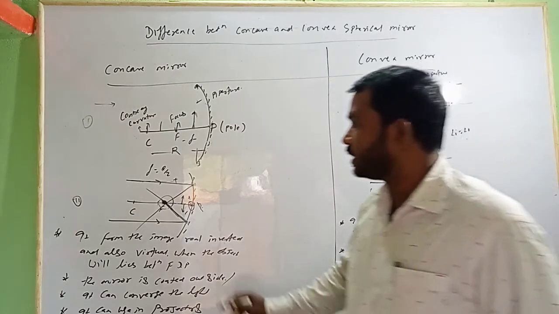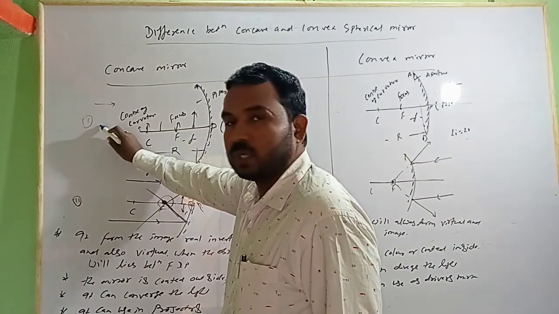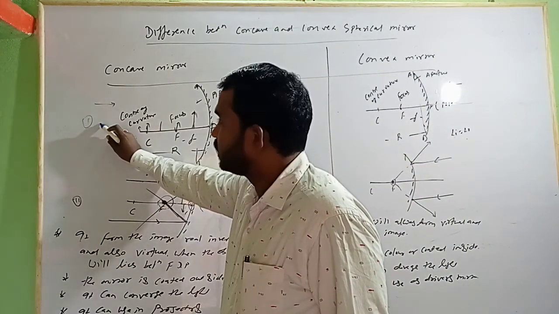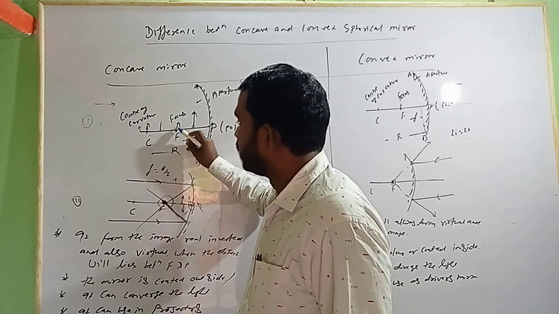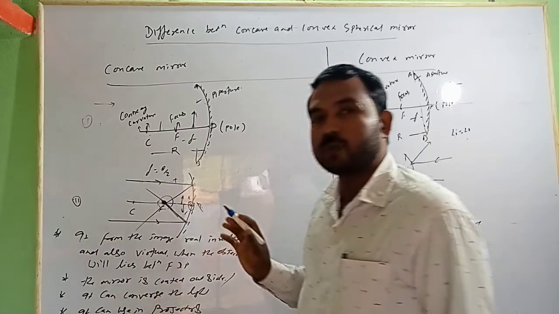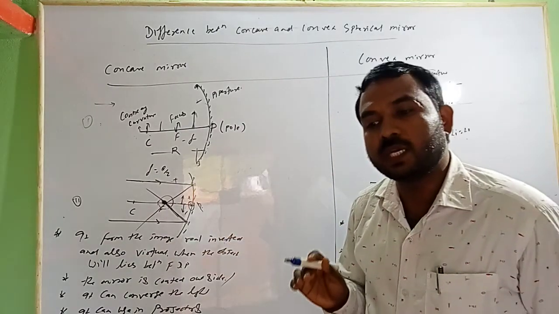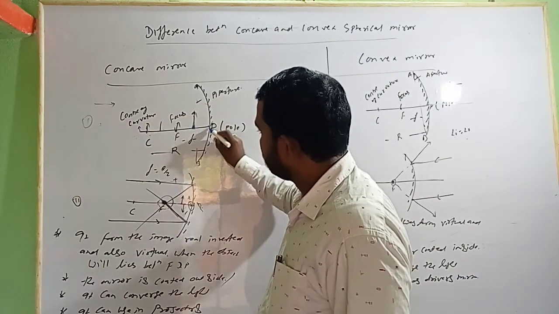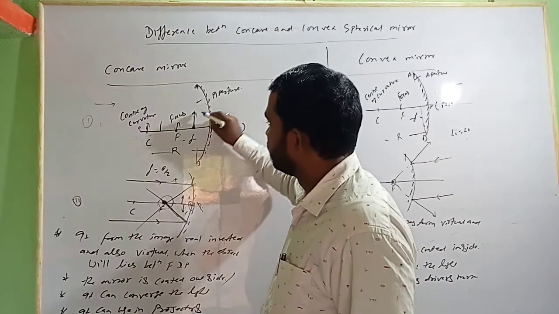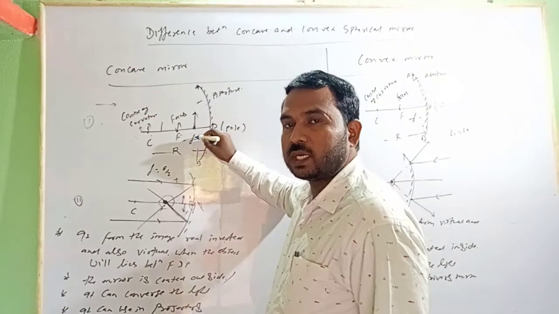Another point: if the object lies at infinity, beyond C, at C, between C and F, in 5 cases it will form a real and inverted image. But whenever you place the object between P and F, pole and focus, it will form a virtual and erect image.